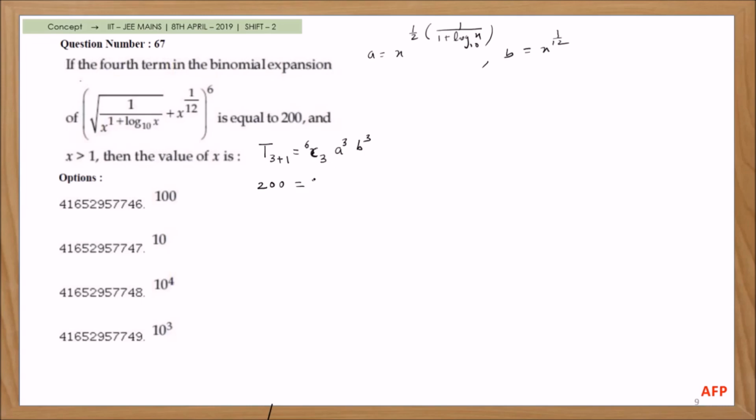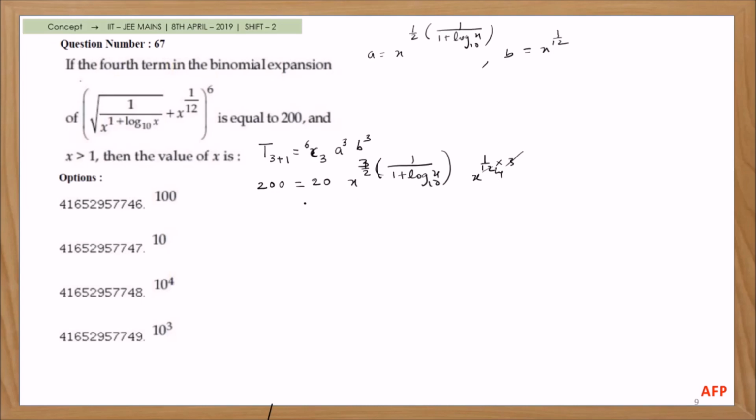6c3. 6c3 is 20. So what is a here? a is x raised to 1 by 2, 1 divided by 1 plus log x to the base 10, and raised to 3 is there, and b is nothing but x raised to 1 by 2 into 3, which you can cancel out and write.